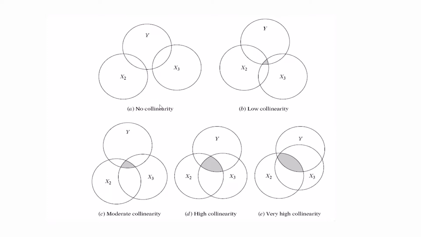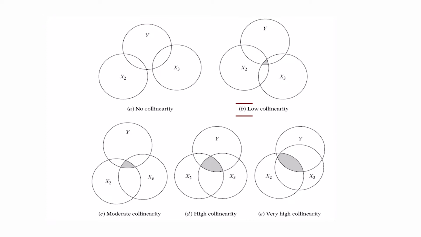That means we consider two variables, x2 and x3, which are affecting the dependent variable y. x2 and x3 are individually affecting y, but there is no common intersection between x2 and x3. Since there is no intersection, we say that x2 and x3 are independent of each other, or there is no collinearity between them.